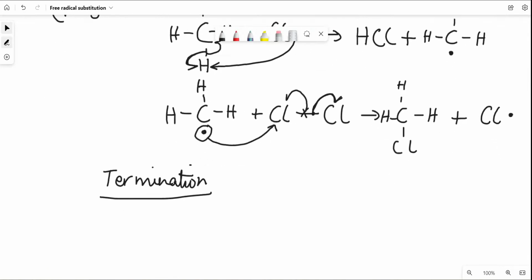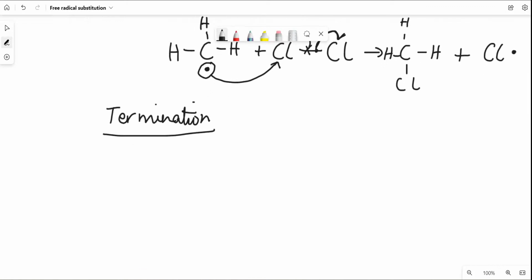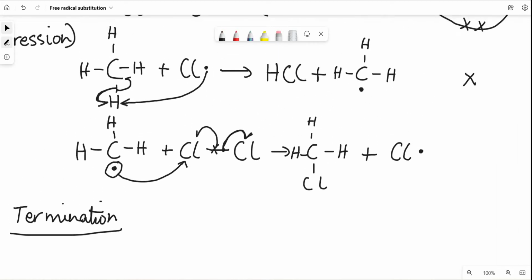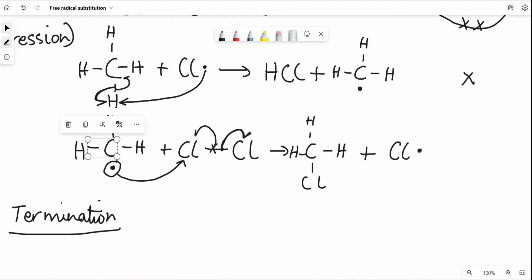The last step is termination, which involves two radicals reacting with each other. So let's pick an example. We have this radical here in our mixture, and also we have the Cl radical.